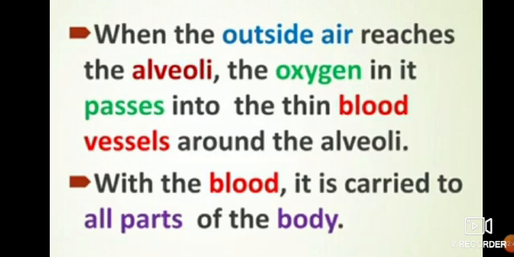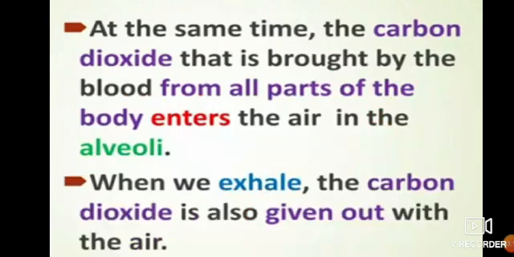So when this blood moves in our body, in whichever part it moves, this blood carries oxygen with it. So this oxygen is spread in the full body along with the blood.